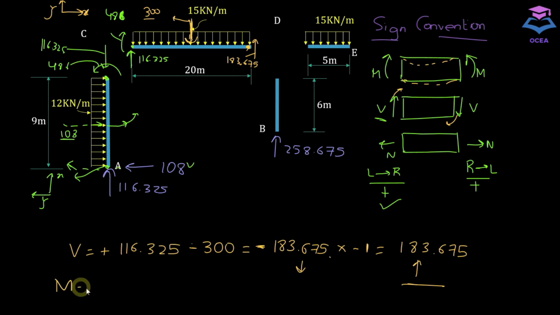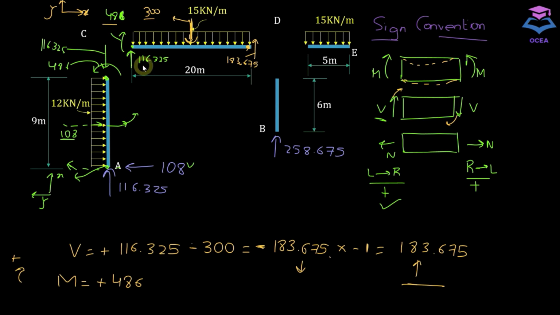Now let's try to calculate the moment at this section. To calculate moment, stand on section C on the left hand side and take the algebraic sum of all the moments. So first we have this 486 which is acting in clockwise direction, and this is going to be positive. Let me write the sign convention here: moment will be positive if it's going clockwise.